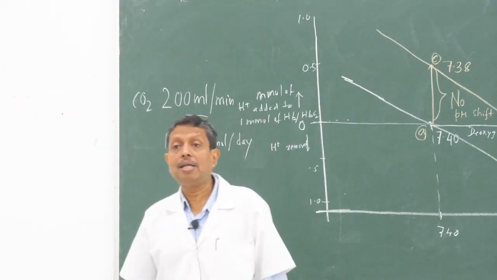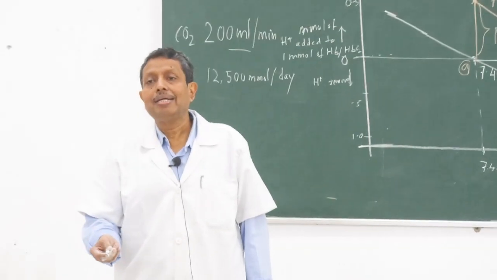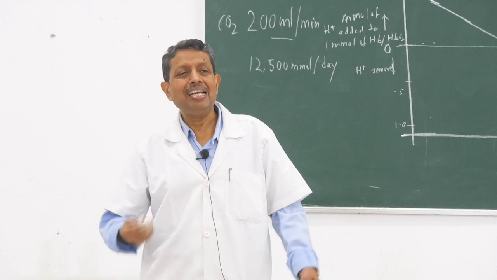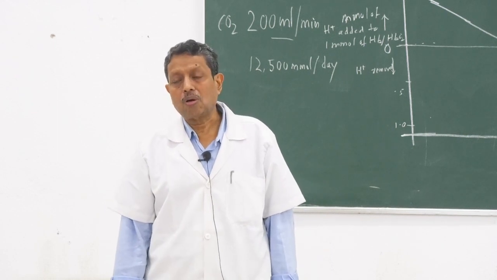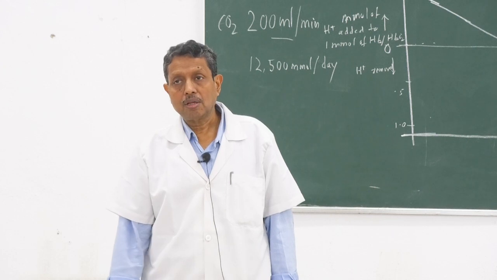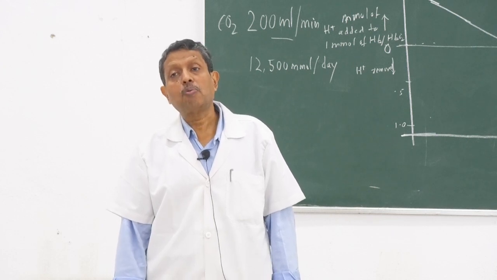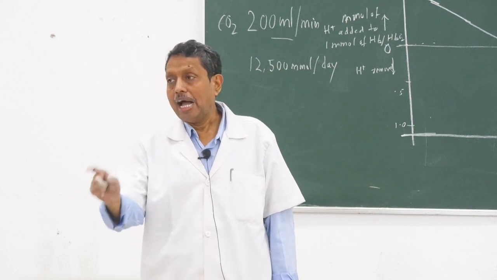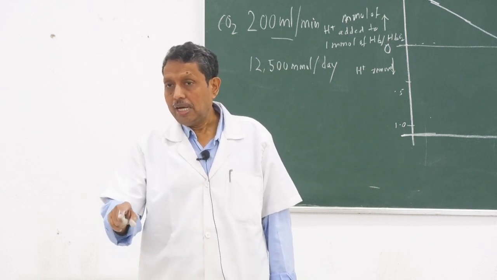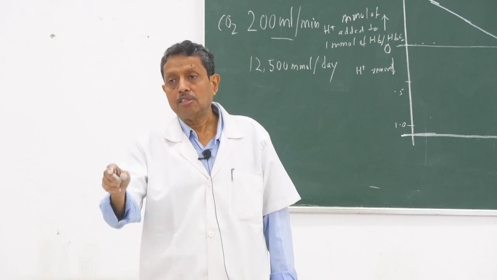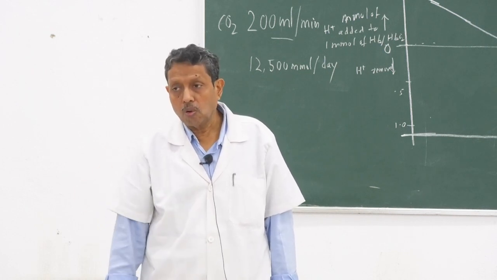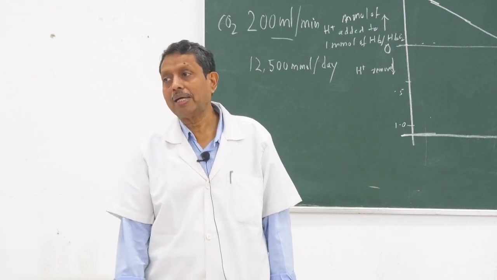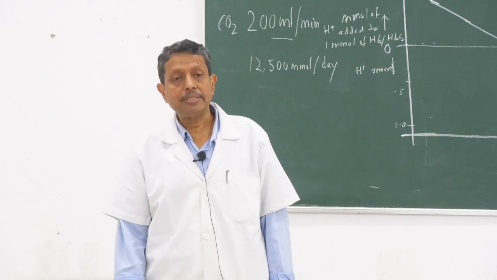Per minute, 200 ml of carbon dioxide is expired in a healthy sedentary individual in the resting condition. If you convert it into per day, you have to multiply it by 1440 minutes per day, then convert ml into liters, and since 22.6 liters is equal to 1 mole, find the moles and multiply by 1000 to get millimoles.